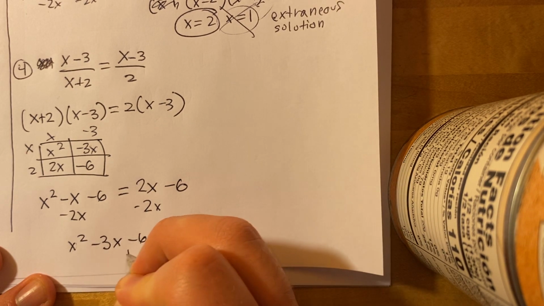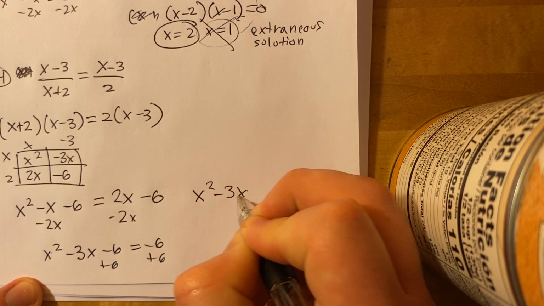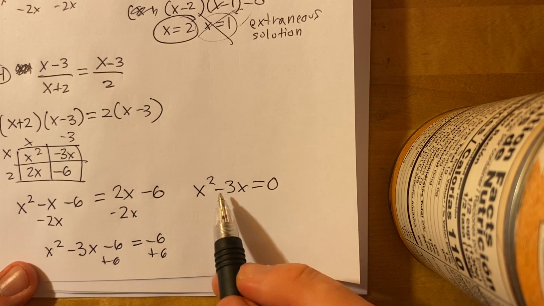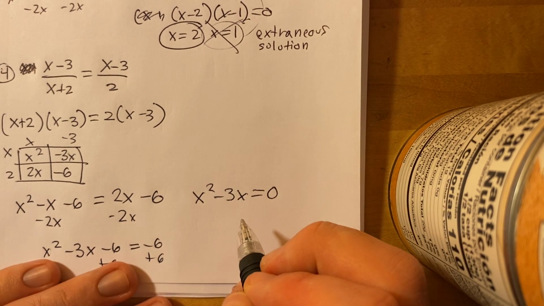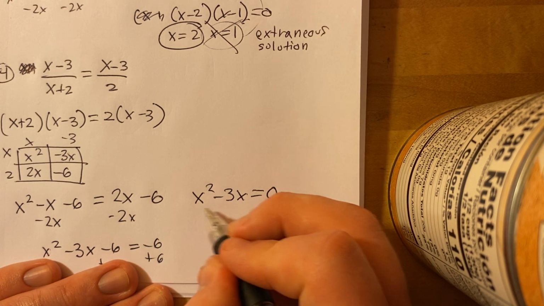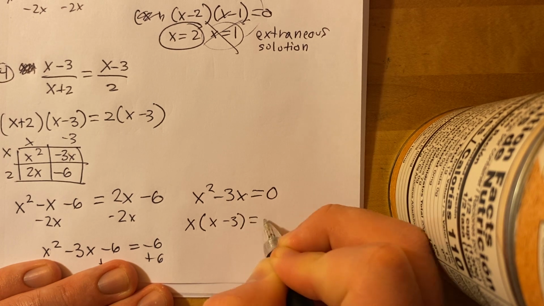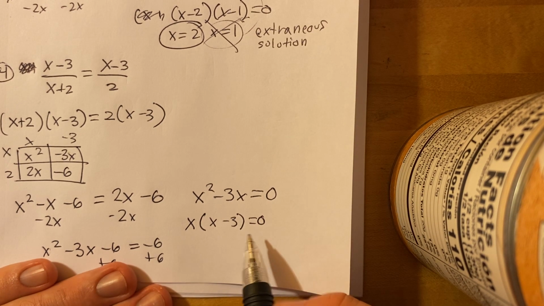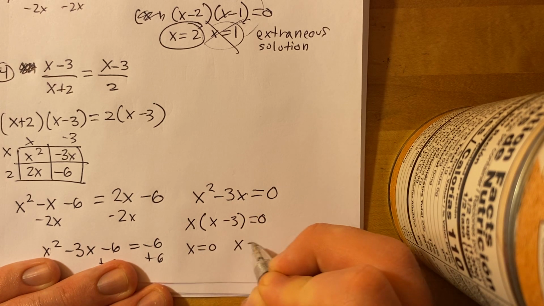I'll add 6 on both sides. Oh, well, that's interesting. So I'm going to be left with x squared minus 3x equals 0. All right, so this is factorable, even though it's not monic, or you can just think of GCF, right? So I'll take the x out, and then I'm left with x minus 3 equals 0. Okay, so I know that my solutions are going to be x equals 0, x equals 3.